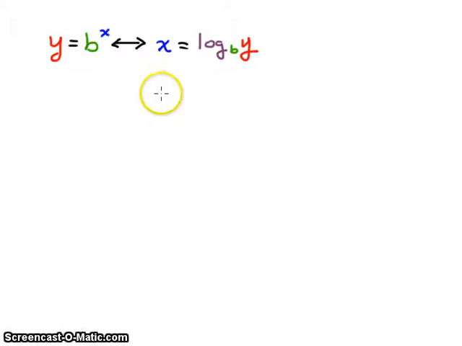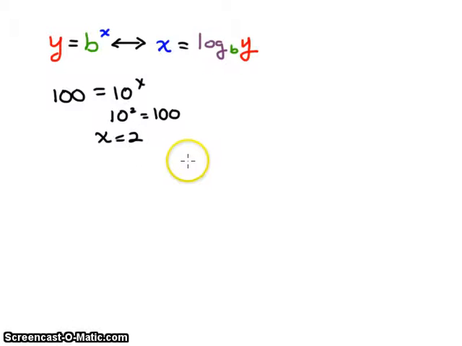For example, if I had the expression 100 equals 10 to the x power, how could I solve this for x? Well, the easy way to do this is to just recognize that x is going to be 2 because 10 to the second power, or 10 squared, is 100. And so that means x is equal to 2.